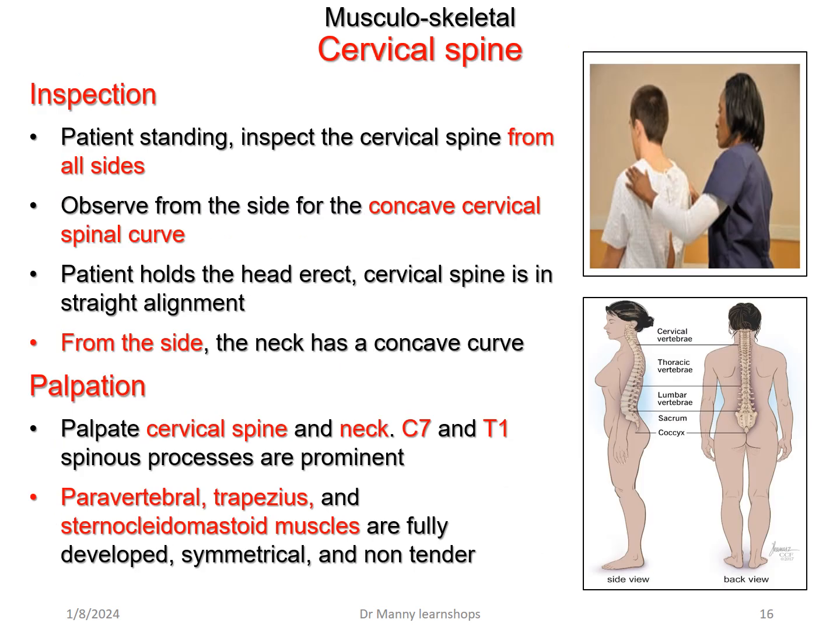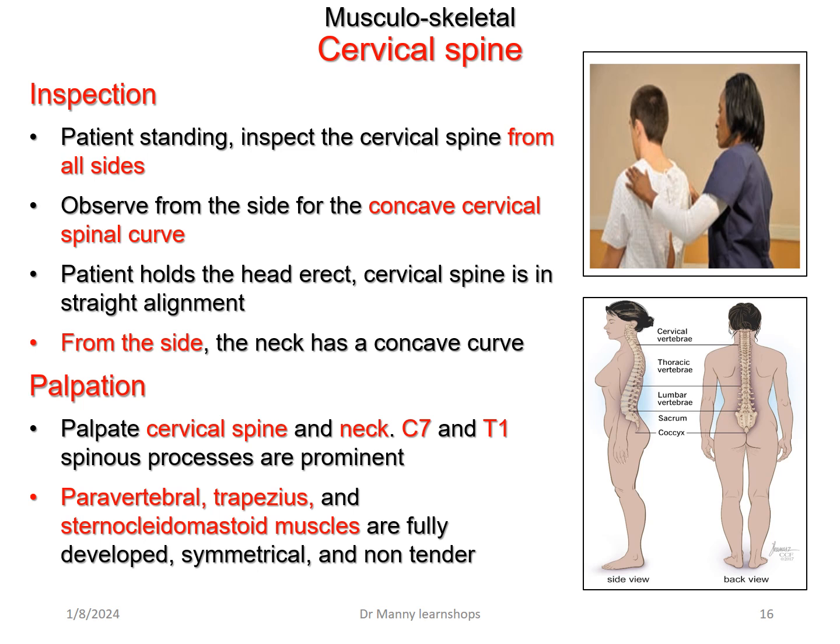When inspecting the cervical spine, the patient stands, you inspect the cervical spine from all sides. You observe the side for concave cervical spine curvature, and the patient holds their head erect and the cervical spine is straight in alignment.